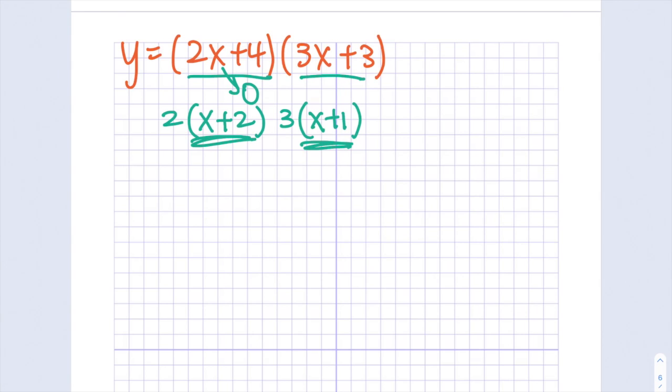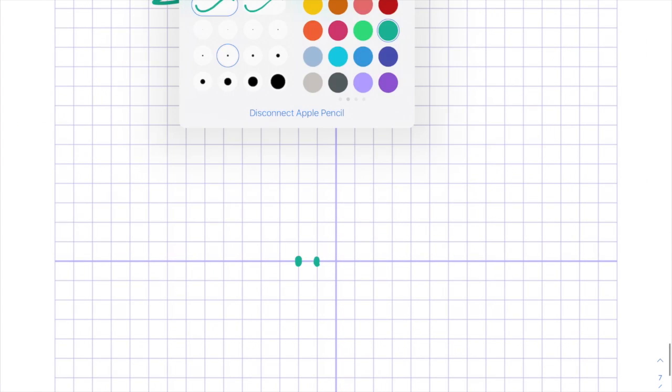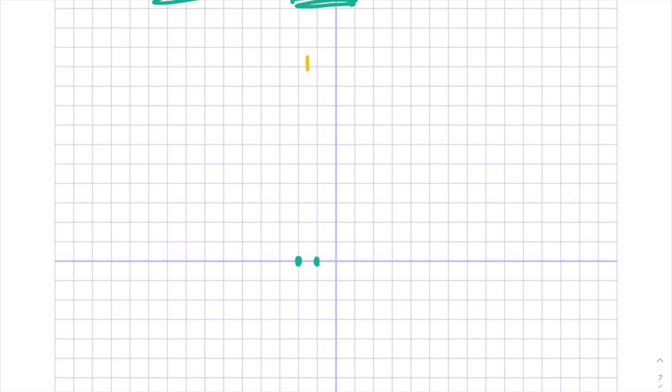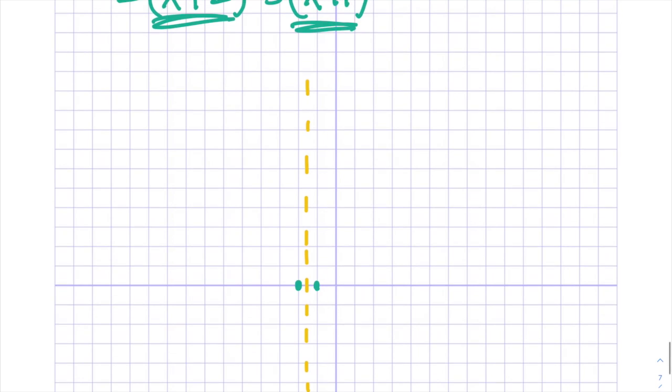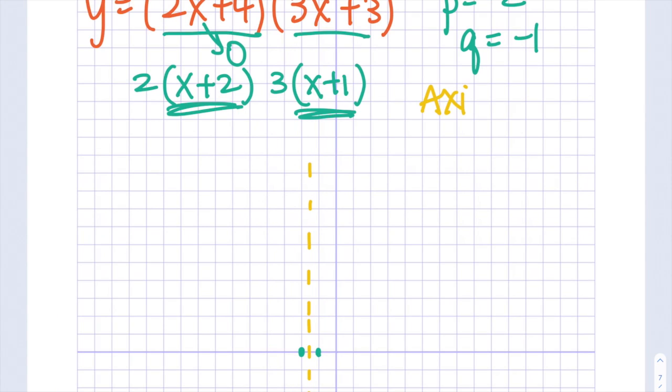So now we can see what those intercepts are. p is negative 2, and q is negative 1. So on our graph, they're side by side. So our axis of symmetry in this case is right there in the middle at negative 1/2. Now to find your vertex, you'll substitute the negative 1/2 into the equation to find y.